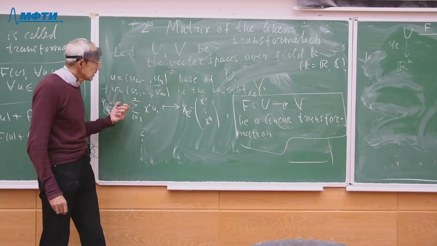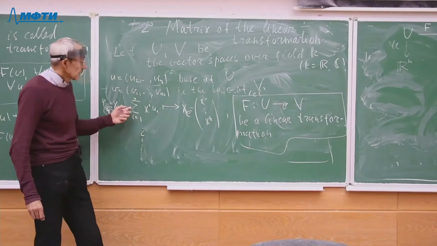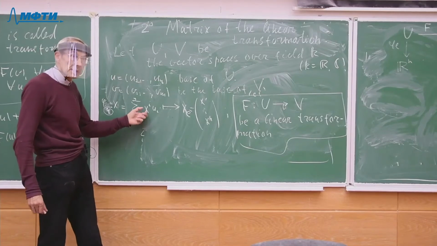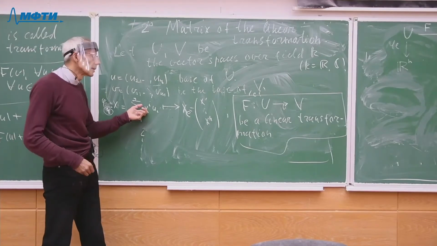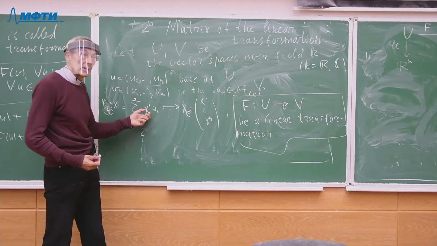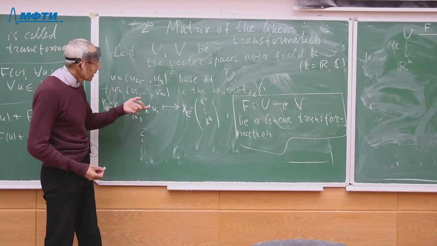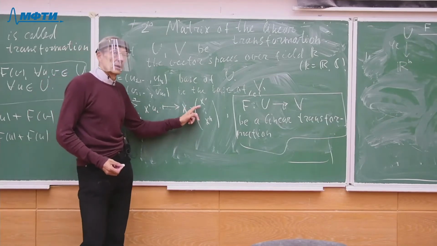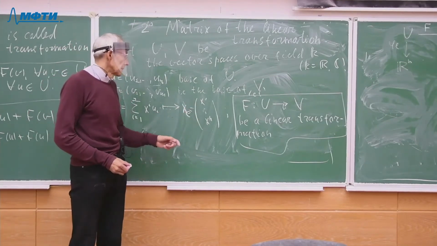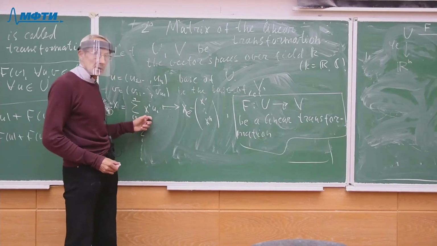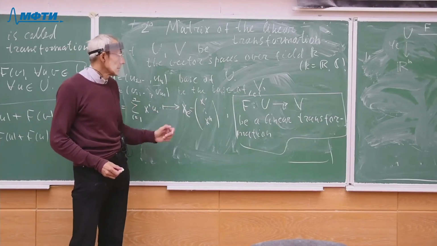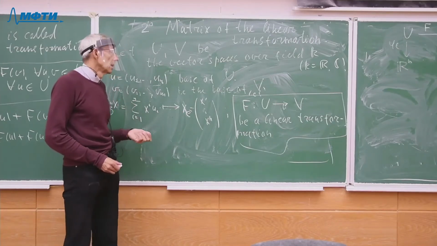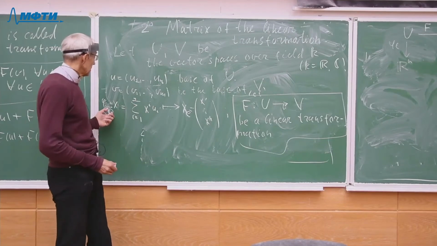After that, we decompose the vector in terms of the basis vectors, and these coordinates are uniquely defined by the choice of the basis. And after that, we correspond to these arbitrary vectors these coordinates, the coefficients of this linear combination.